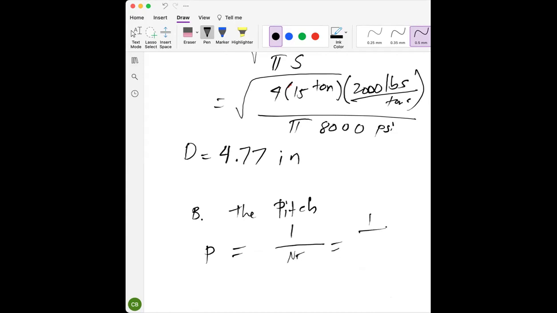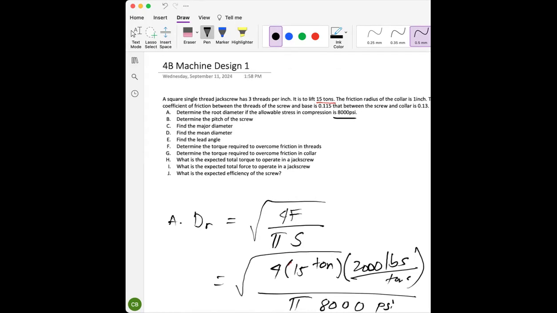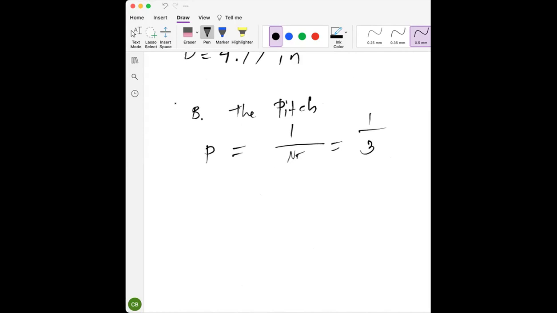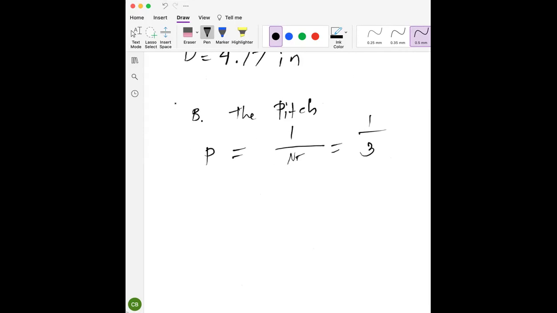That would be 1 over 3, which is given, the threads per inch. So 1 over 3 is equal to 0.33. So we already have the pitch, 0.33.